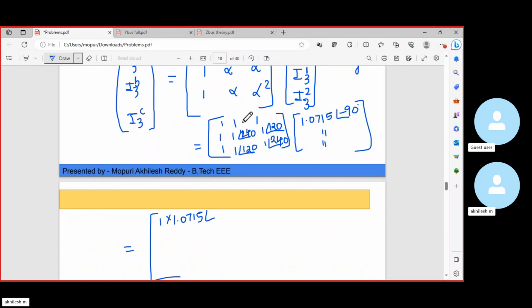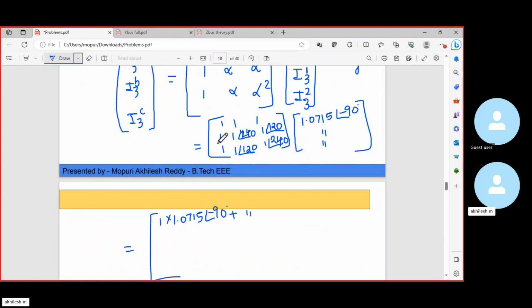Again, this second element is multiplied with this second element. Right? So I think you will be getting three times when we add this. 3 into 1.075, the final answer will be that.